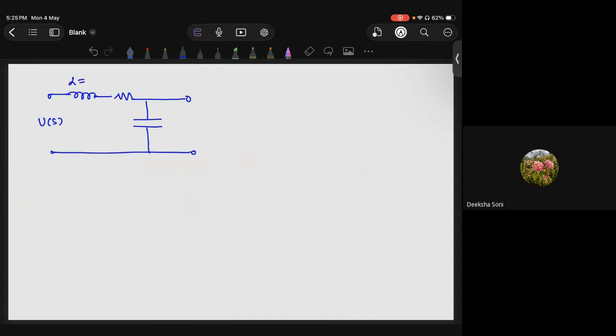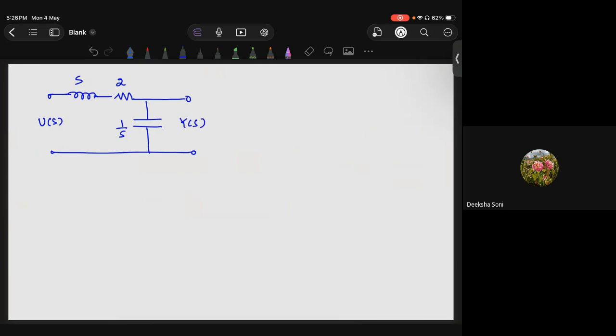L is equal to 1 H, so another way I can write it is as Ls. This will be 2. This will be 1 by s. No, no, this is another way. This way also we should get the answer. This will be like Y of s.